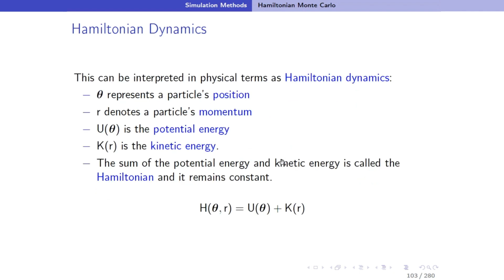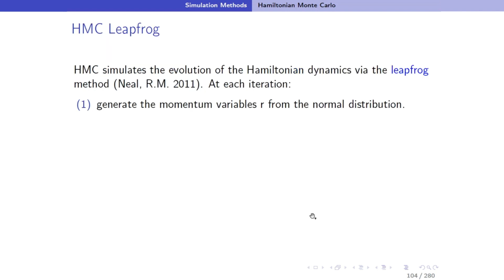There are various different terms for it, but essentially you should think of one as positional and one as momentum. U of theta is called potential energy, and K of r represents kinetic energy, and the two together remain constant, because in physics, as long as the total remains constant, you reach an equilibrium. So the key is how to move while keeping them constant.